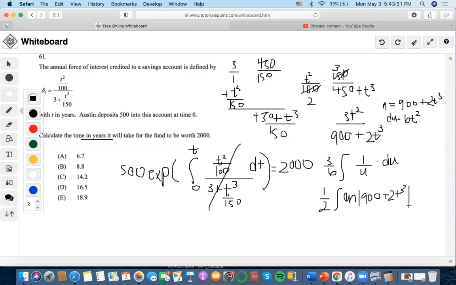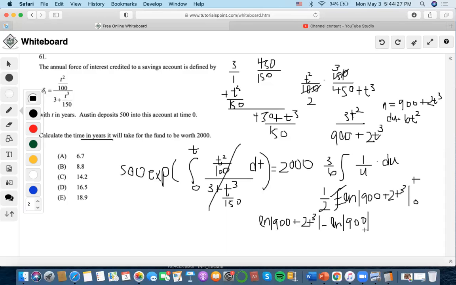Okay, so now I integrated it, right? Now I just have to plug in T and 0. So I'm going to do ln of 900 plus 2T cubed when I plug in T, and when I plug in 0 for the next one, ln 900. Nice.